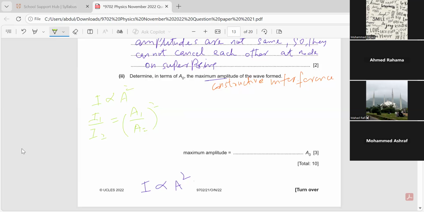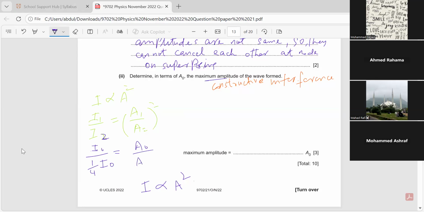Then, my dear friends, let's place the values. I1 was I0. I2 was 1 over 4 I0. Here, amplitude was A0.